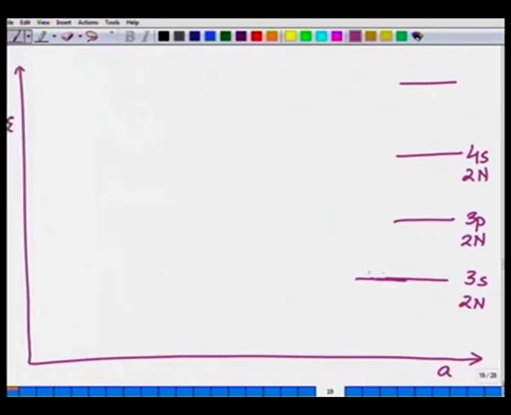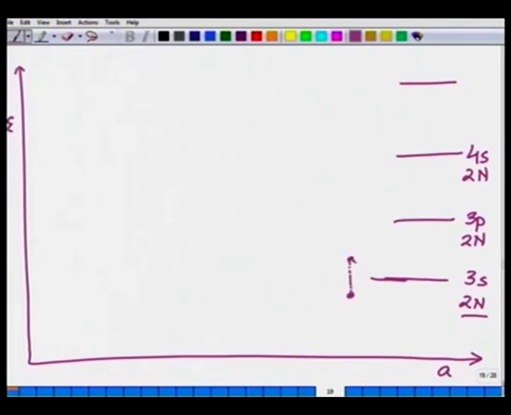At this small distance, the electrons start splitting into a huge range of allowed energies. This is the highest and this is the lowest.